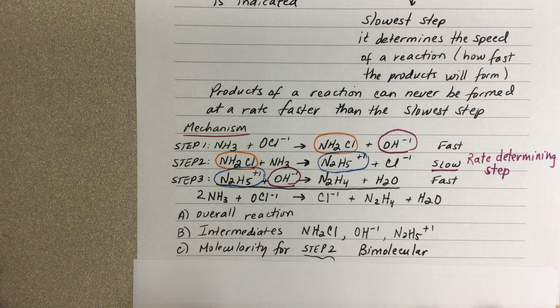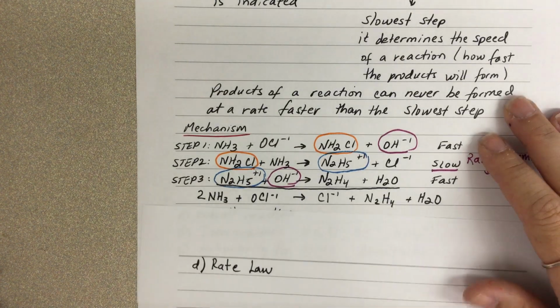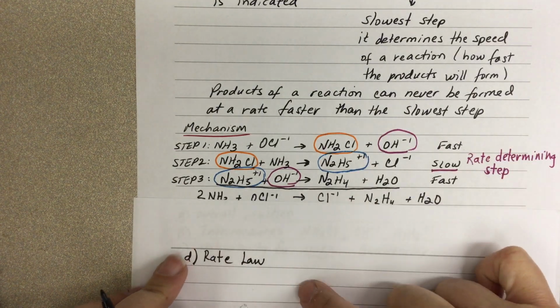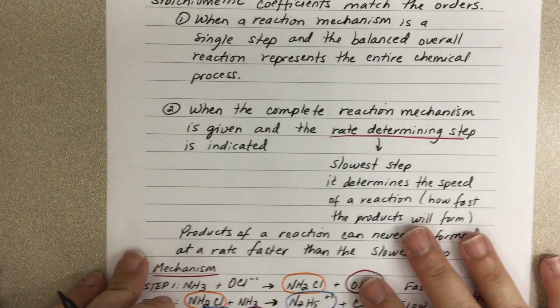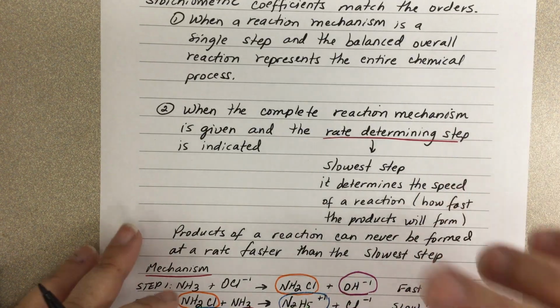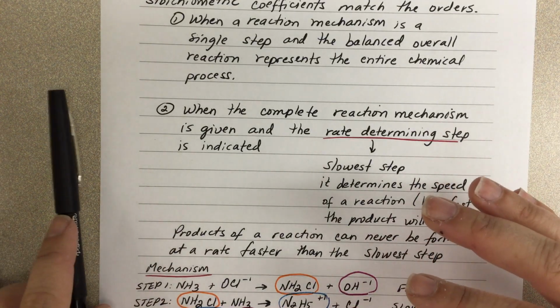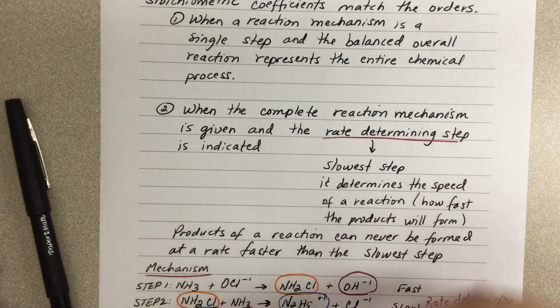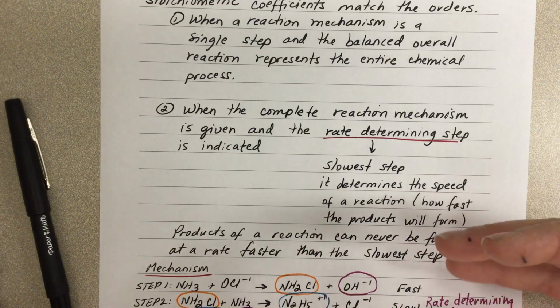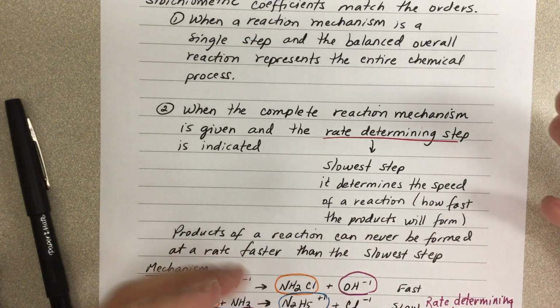Now the last one, it's predicting the rate law from your mechanism. And we can do this here because of what you have in number 2. So there are only two times where you can actually use a reaction to get the order for your reactants.